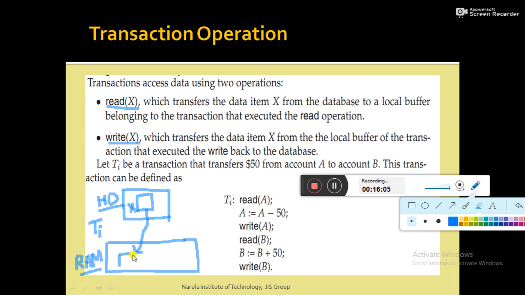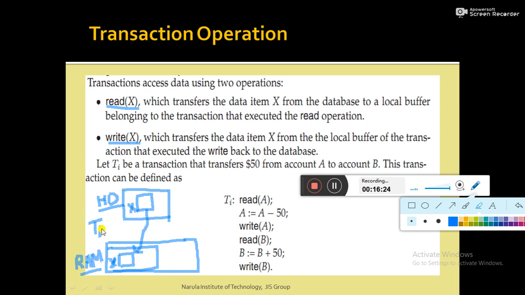So this is X, and suppose this is the local buffer belonging to transaction Ti.